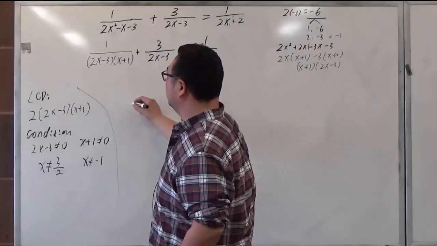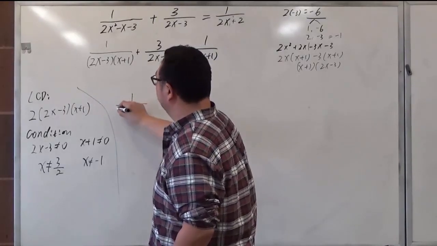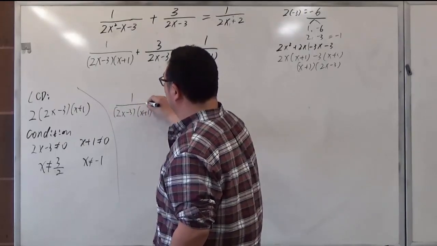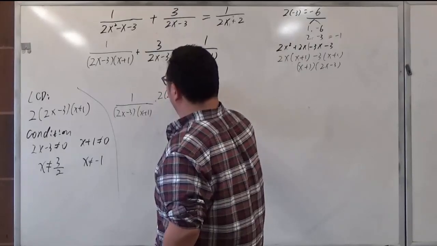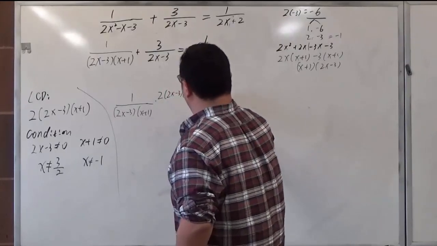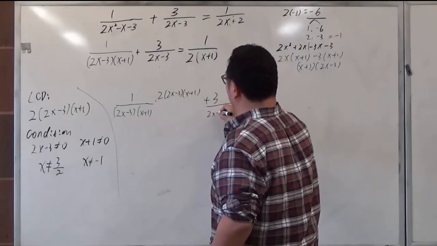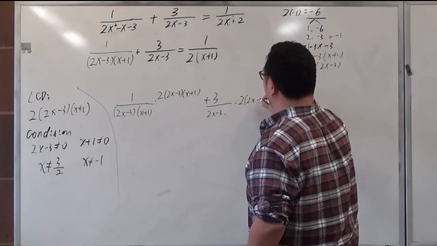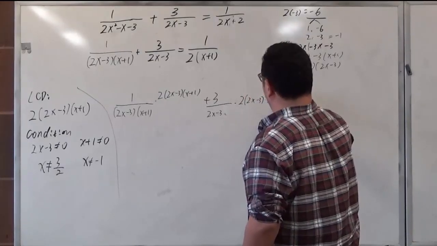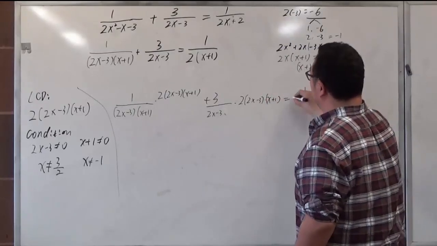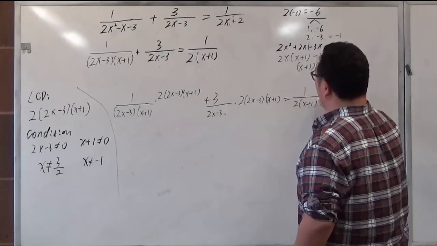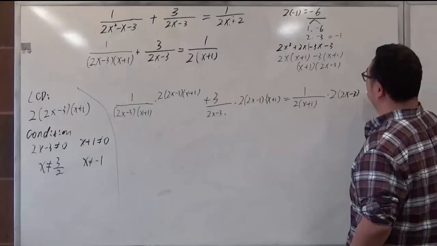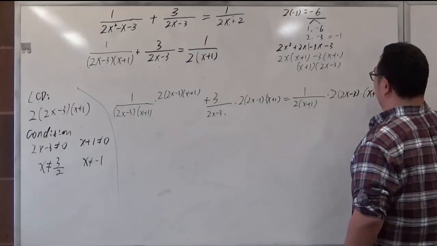Next, we multiply each term by the LCD. The last term, 2x plus 1, will be multiplied by the denominator 2x minus 3 times 2 times x plus 1.